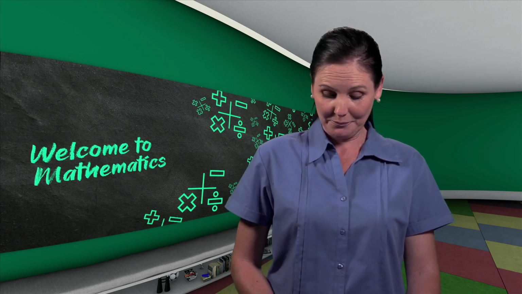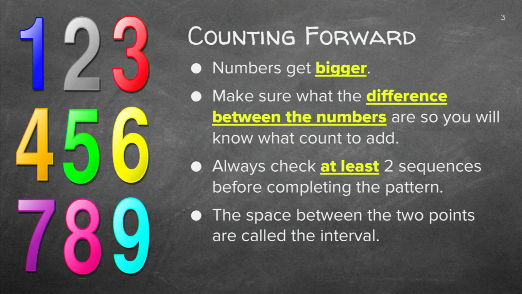So let's start. The criteria for counting forward means the numbers are going to get bigger and bigger. When you look at your pattern or the sequence, to see how many times I have to count forward, you have to check at least 2 or 3 sequences to make sure it stays +2, +2, +2, or +4, +4, +4, to make sure the intervals won't be 2, 3, 4, 5, 6, and so on.